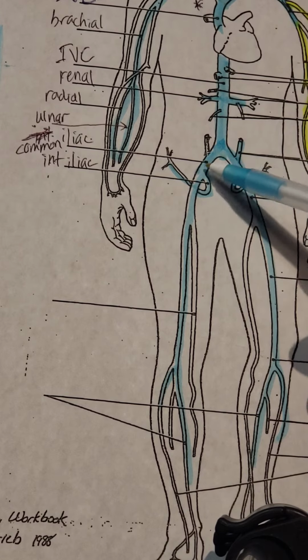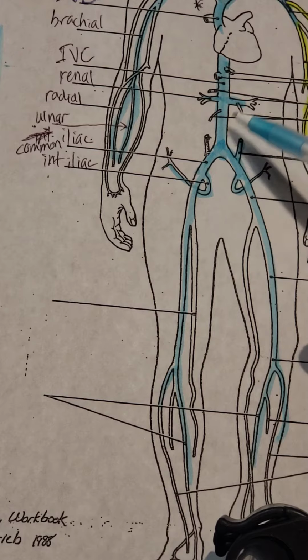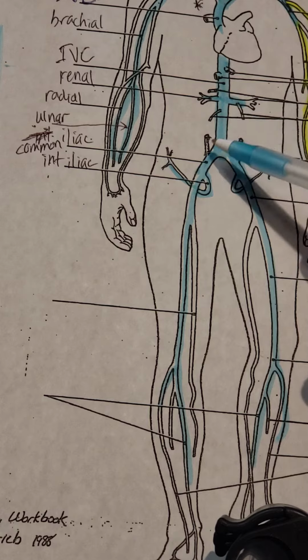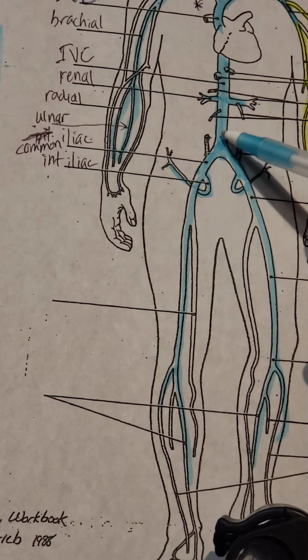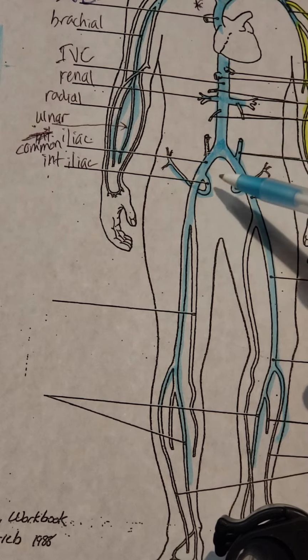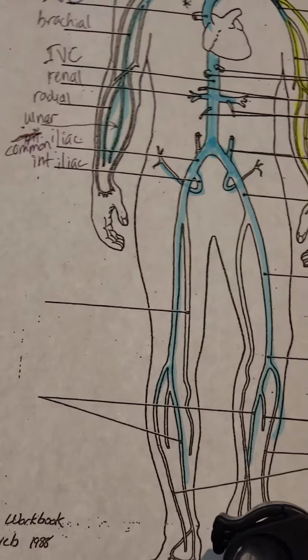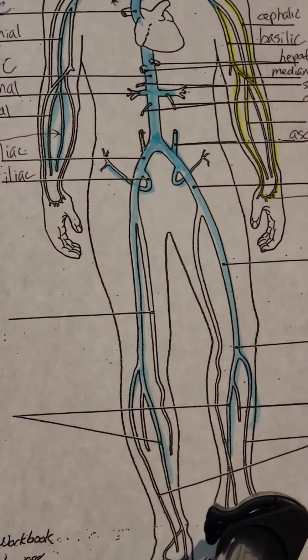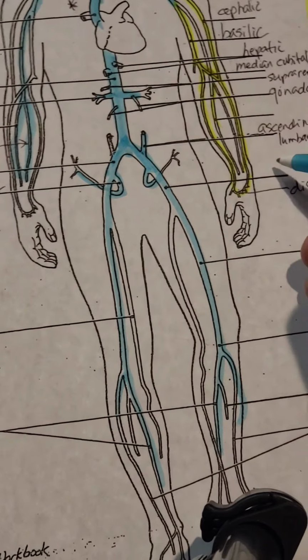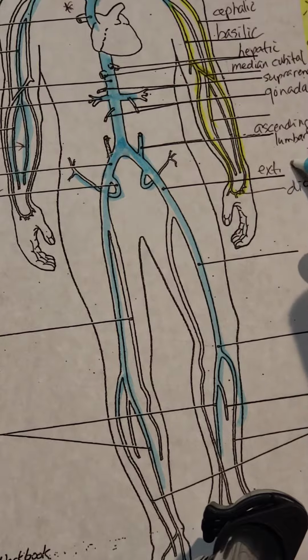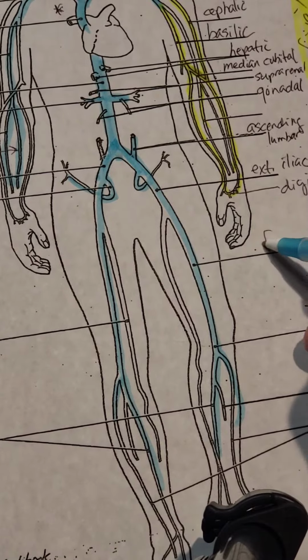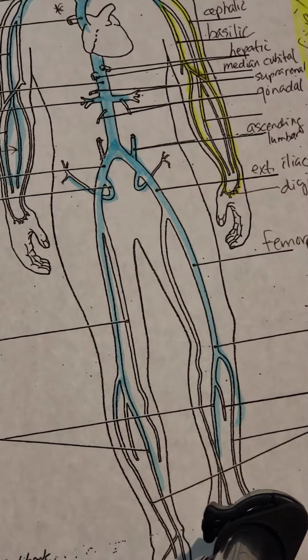Just like we had the right and left common iliac arteries flowing from the aorta, now we have the right and left common iliac veins draining into the inferior vena cava. These are the internal iliac veins. This down here would be our external iliac veins. Right in our thigh, femoral vein.